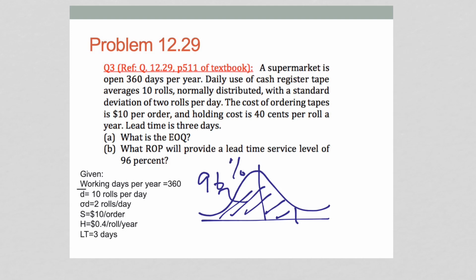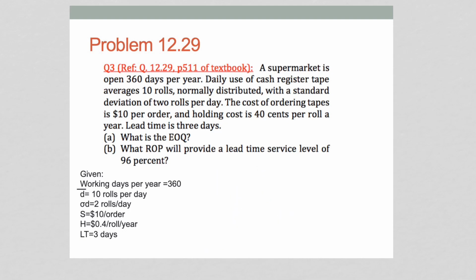So we can then get Z. So Z equals, from our table, 1.75, just as before. So look at your normal table, look at 0.96, and you will see Z is 1.75. Nothing more than that. So guess what? We have everything we need now to solve the problem.